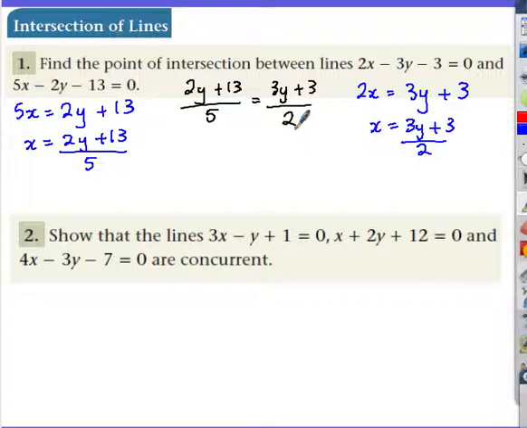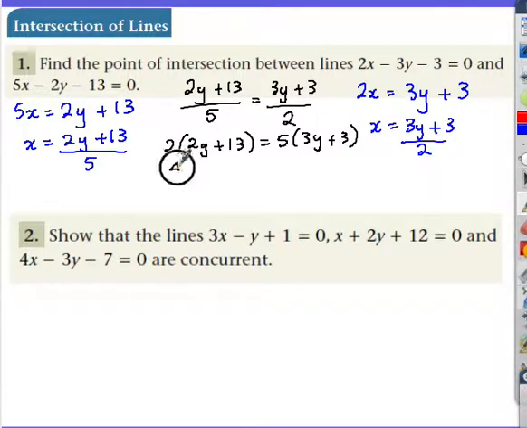And now we're solving this equation for y. So we have to cross multiply to get rid of those fractions, and expand the bracket. And then you want to collect like terms.